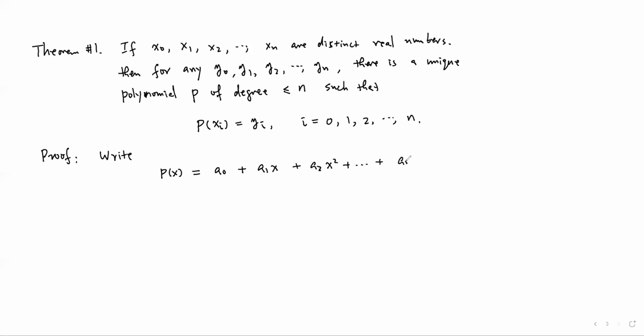Degree is n, an. When an is 0, the highest degree term is 0, then the polynomial has degree less than n. When an is non-zero, then this polynomial has degree exactly n. Okay, now I assume this polynomial satisfies these n plus 1 conditions. Now I plug in the nodes for x.